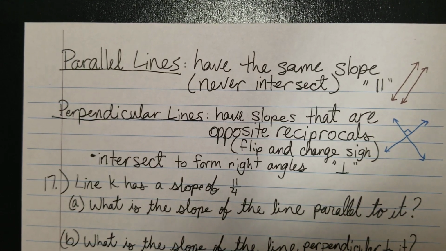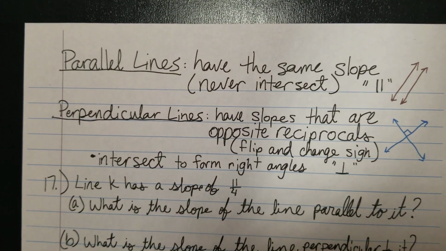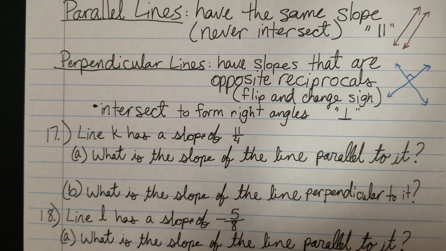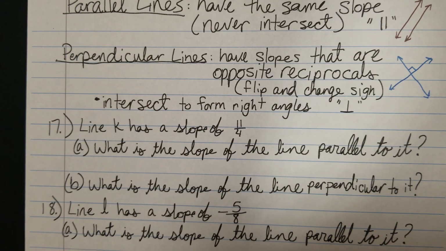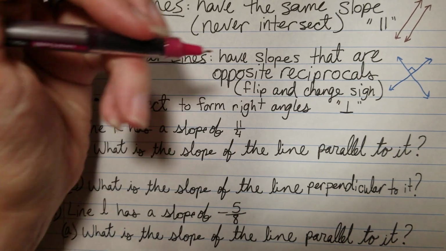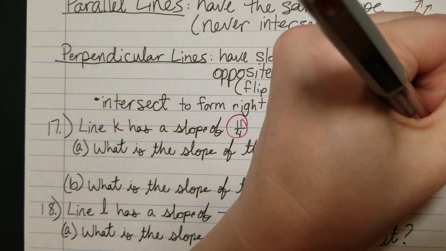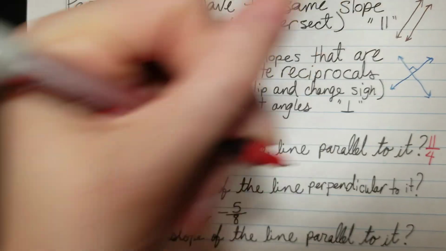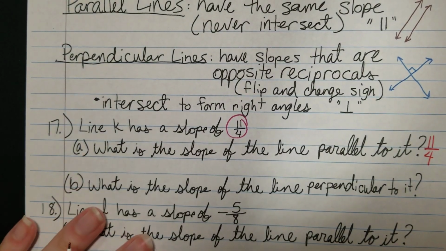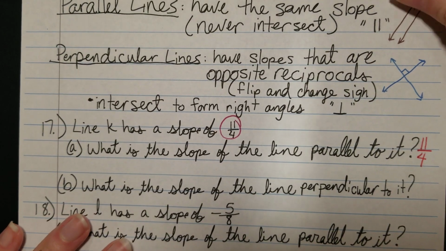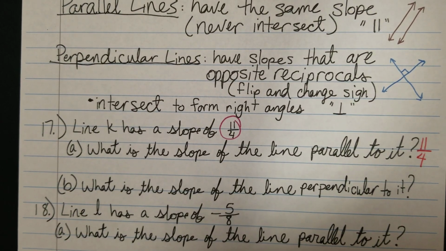Okay, all right, so let's see. If a line has a slope of 11/4, okay, then the slope of the line that is parallel to it will also be 11/4. And then the slope of the line that's perpendicular to that will be -4/11.